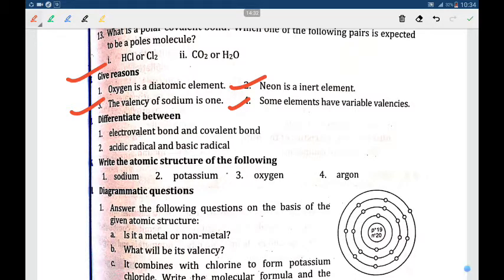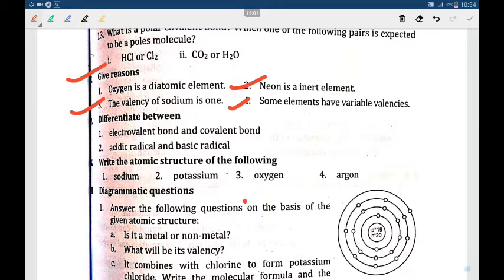Why? Some elements have variable valencies because of sharing or donating different numbers of electrons. So these are the give reasons.